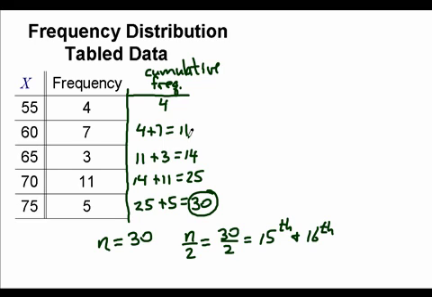It's definitely not there, so it'll have to be the next one. So the 15th and the 16th happen here because this goes all the way up to 25. So the 15th and 16th are happening when the data is 70. So we say that the median of this table data is equal to 70. Part 1 complete.